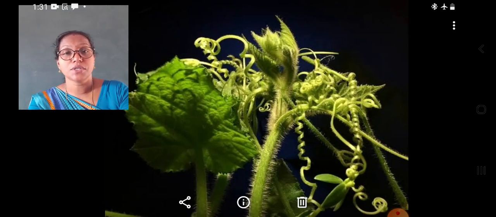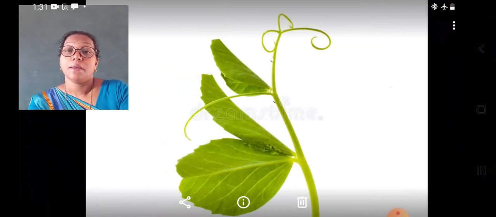Now students, the leaf modifications. From the base of the leaves, a coiled structure arises, that is called leaf tendril. Sometimes the tip of the leaves is modified into tendrils. That is actually for giving support to the plant for climbing.